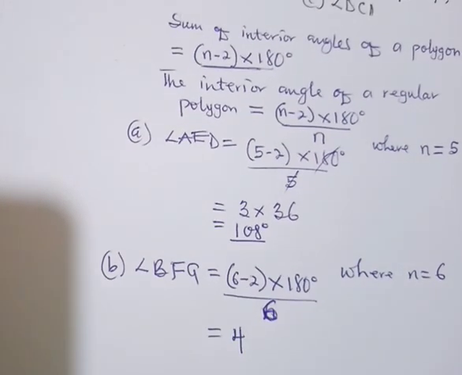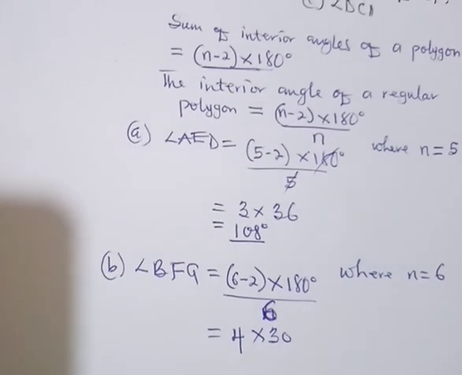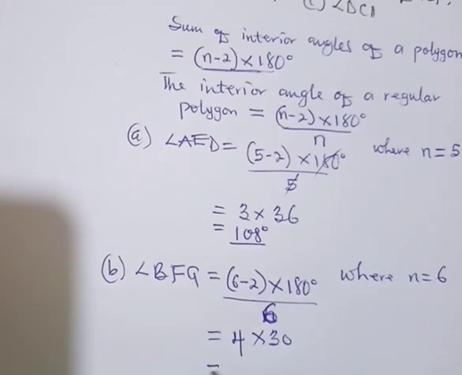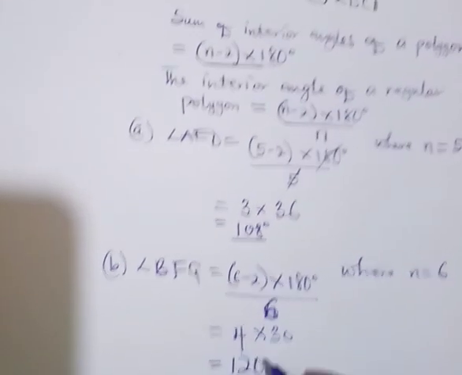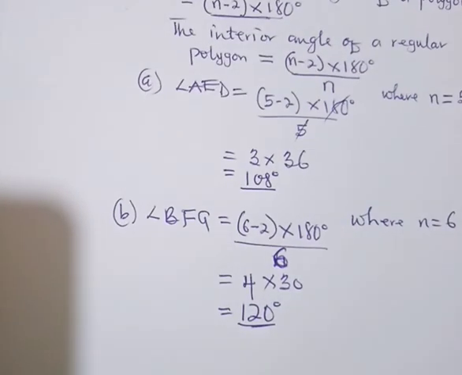So 4 times 180 degrees divided by 6, which will give us 30. So you have 30 here. So 30 times 4 will give us 120 degrees. So this is 120 degrees.